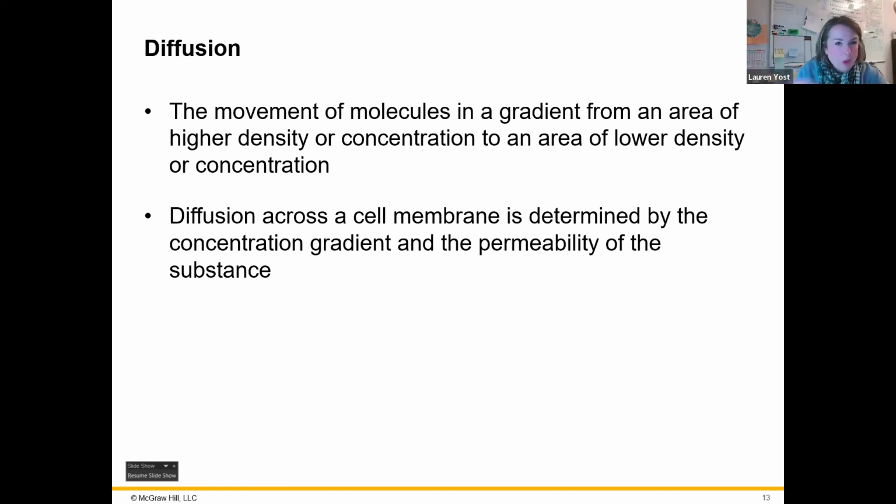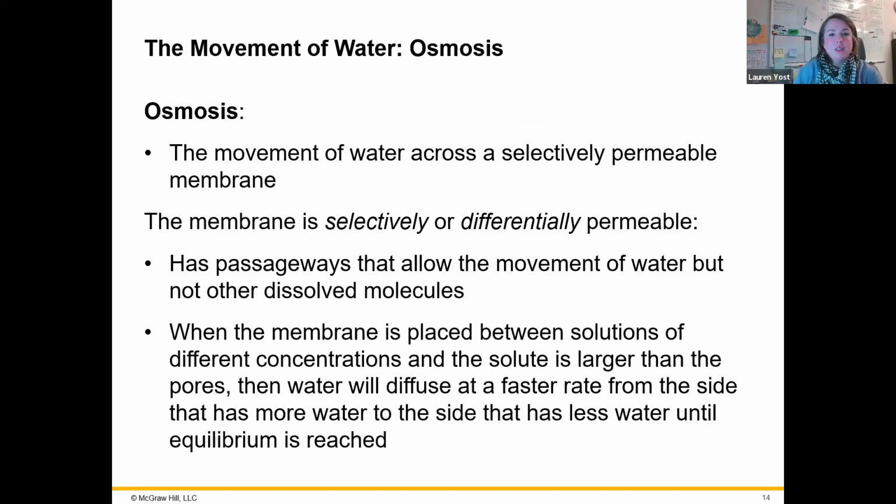But if the molecules can't move through a barrier, then that can control how the molecules will move. And in fact, your cell membrane, and the cell membrane of our microbes, basically can control what can and can't move across it. The membrane itself is selectively permeable, or another word for that is differentially permeable.